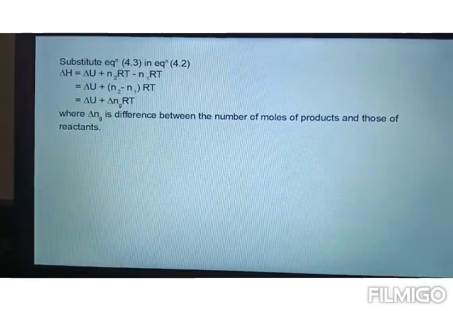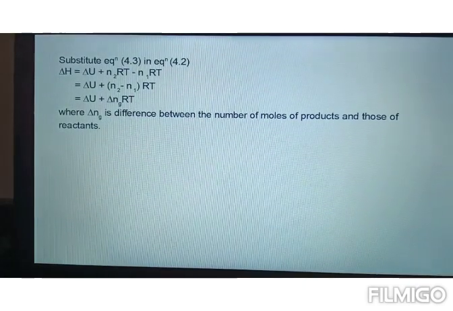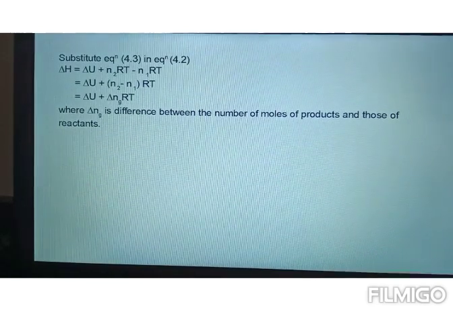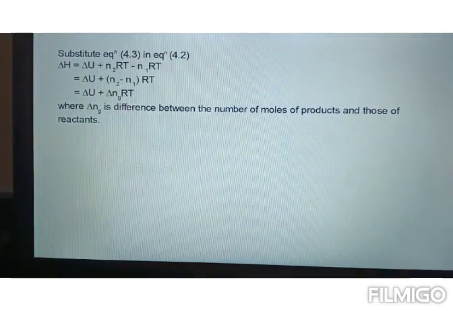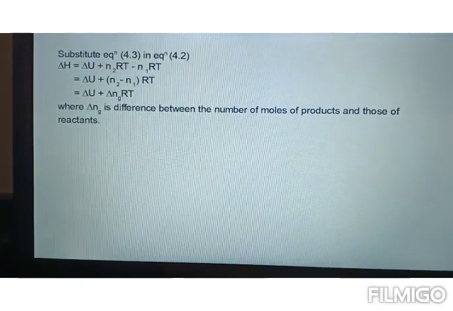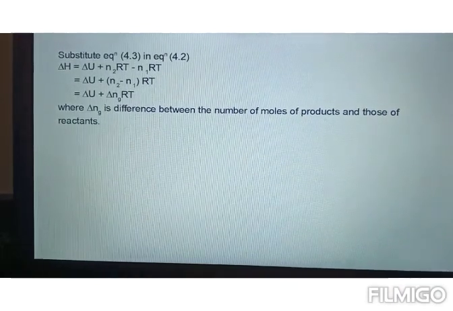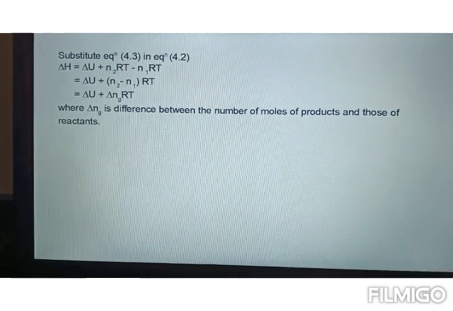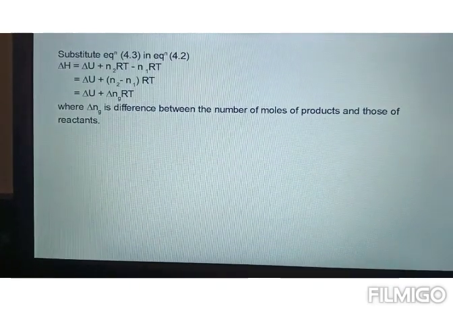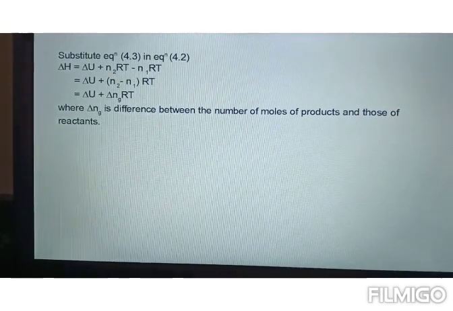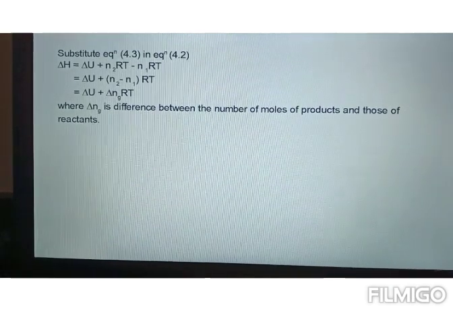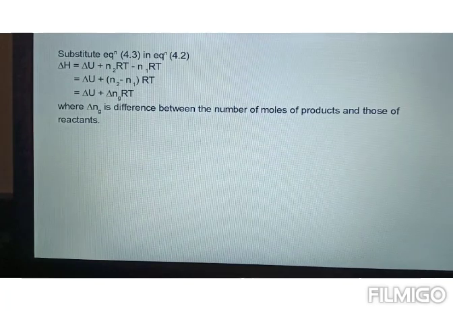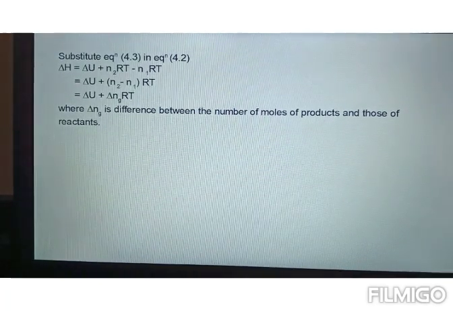We can take RT common, so it becomes delta U plus N2 minus N1 into RT. Now N2 minus N1 is delta Ng, which is similar to the expression for work done in a chemical reaction. So this is the relation between delta H and delta U for a chemical reaction. Here delta Ng is the difference between the number of moles of product and those of reactant.